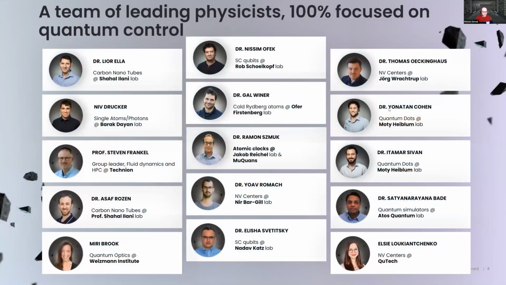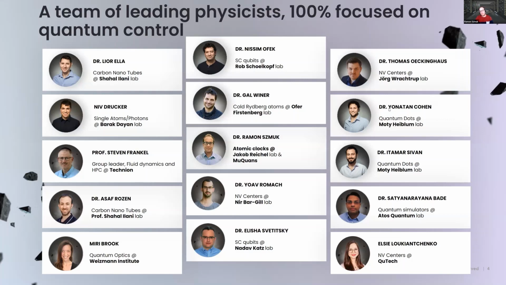I should have asked for a newer one. There are more physicists currently at QM than this slide shows, but at least this conveys the idea that we are a bunch of quantum physicists and engineers with a multidisciplinary set of experiences. Some people come, like me, from AMO labs, neutral atoms or ions.